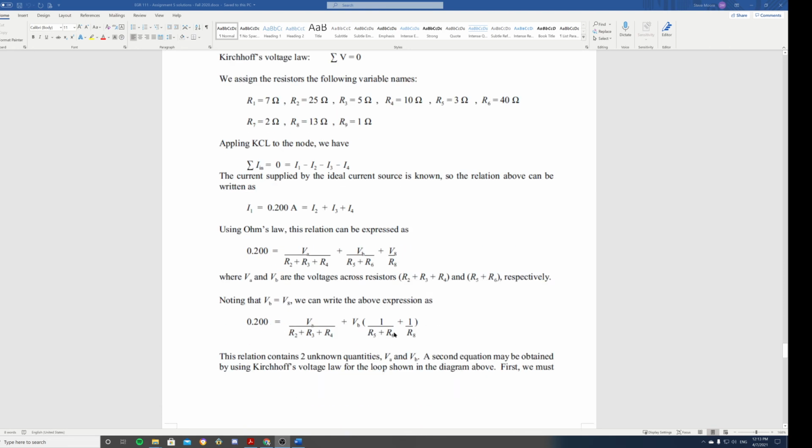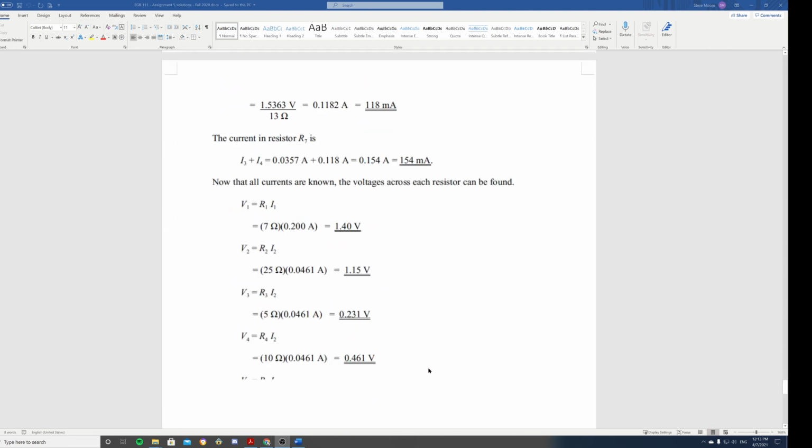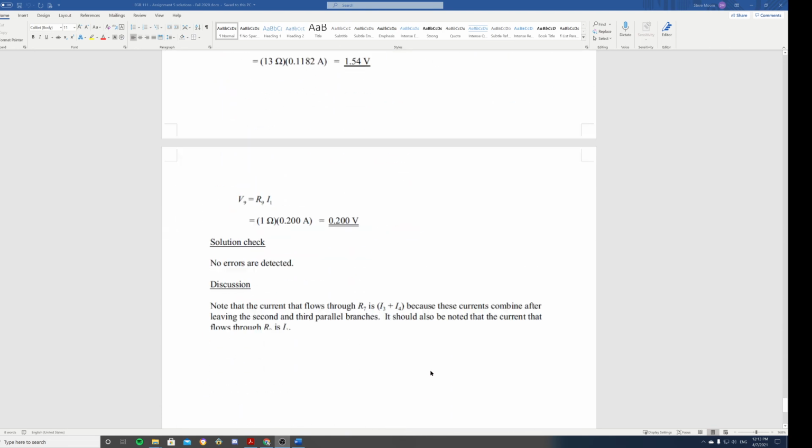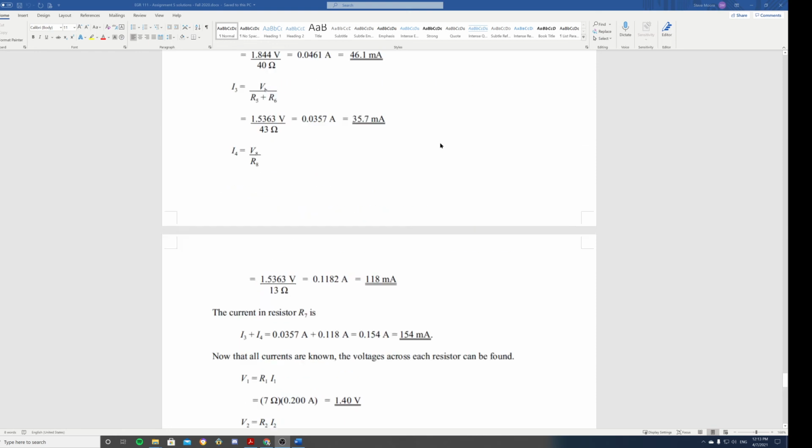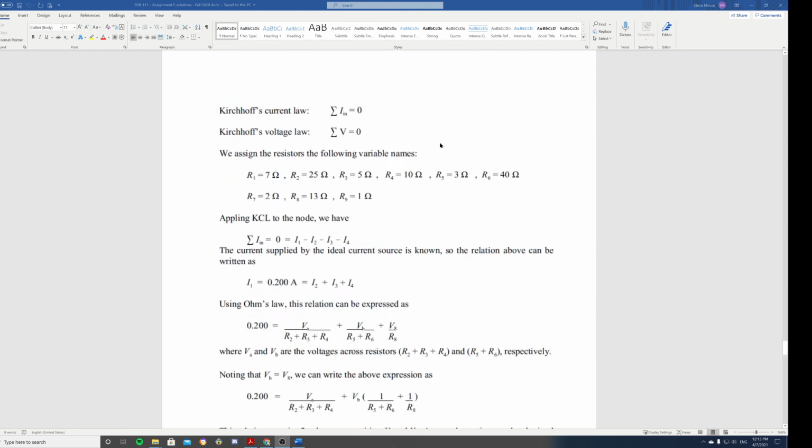Okay, and let's see, and that is about it for this one. Of course, there's other ways of going about it, how you could solve it. You could have multiple KVL equations to solve it if you want. You could do some combinations of resistors along the way to make it a little simpler if you want.